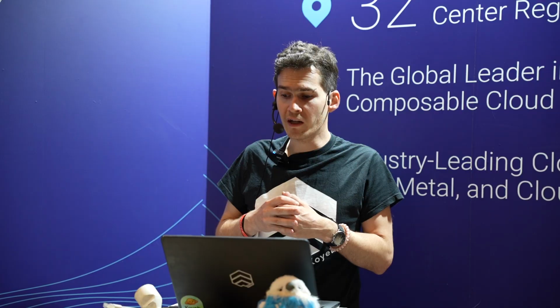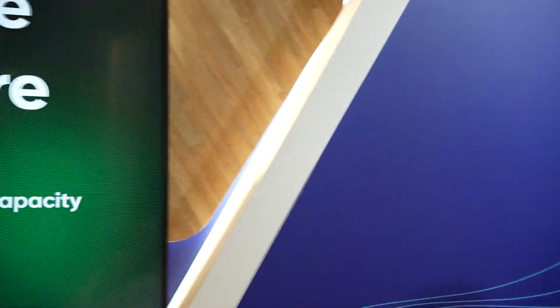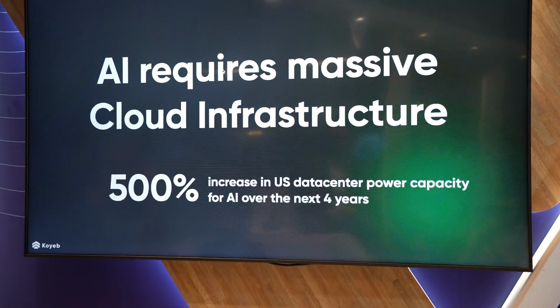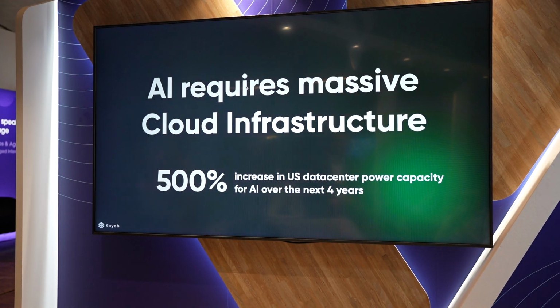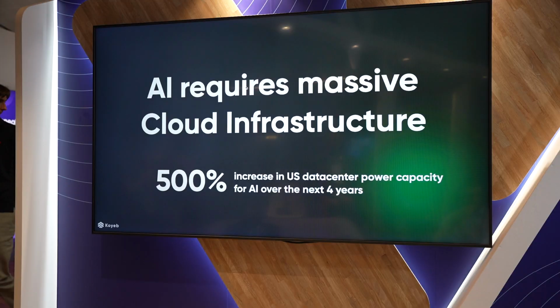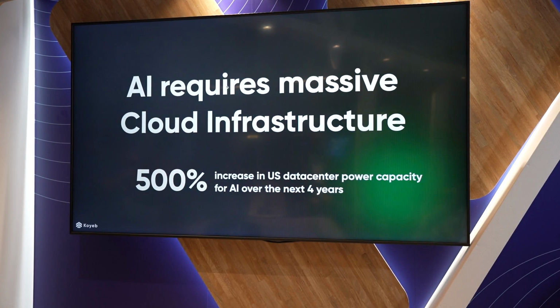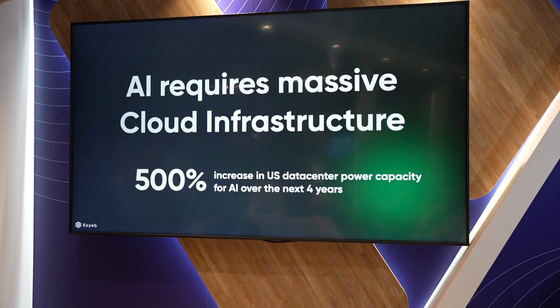In the next 4 years, there is going to be a 500% increase in the US data center power capacity used, so it's going to be multiplied by 6. It's really just the beginning.